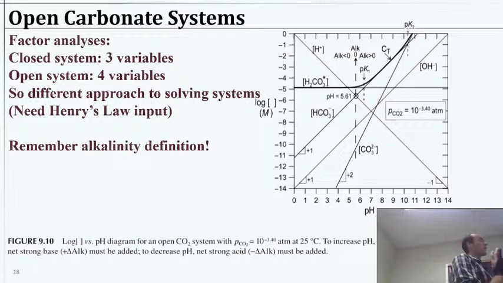Okay, so when we think about the open system, what's going to happen is at a very acidic condition, our amount of CO2 will be dominated based on that equilibrium with Henry's law. We will have as much CO2 dissolve into the water as possible, and all the CO2 in the water will be in that form.